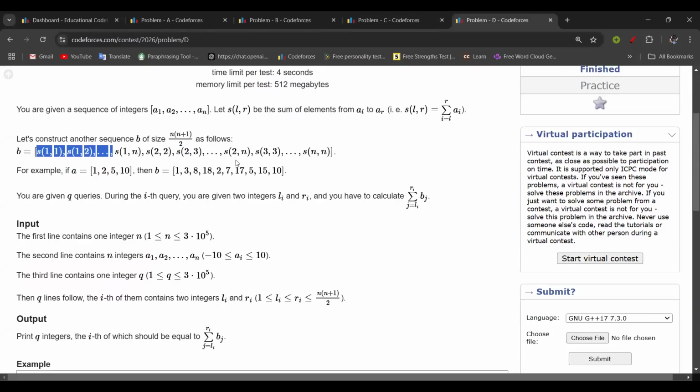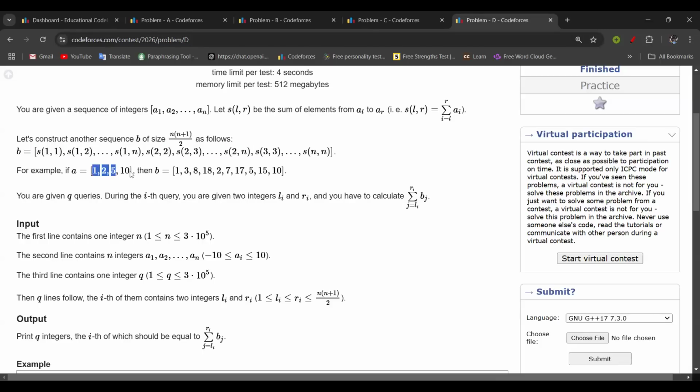This sequence B is sum from 1 to 1, sum from 1 to 2, up till sum from 1 to n. Then sum from 2 to 2, sum from 2 to 3, up till sum from 2 to n. Then sum from 3 to 3, likewise. This sequence of n times (n plus 1) by 2 elements is created.